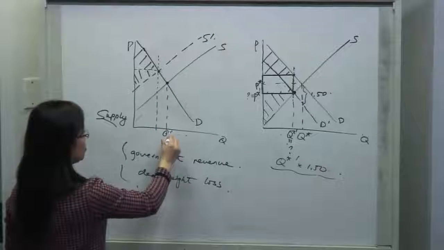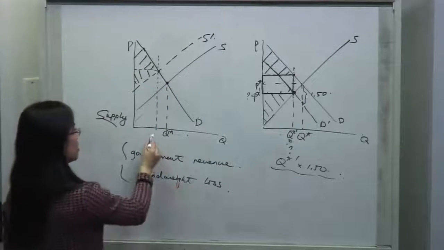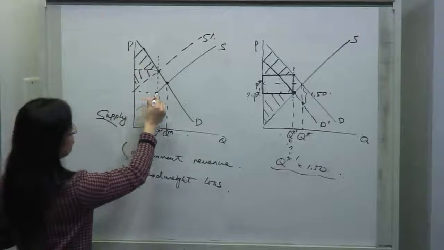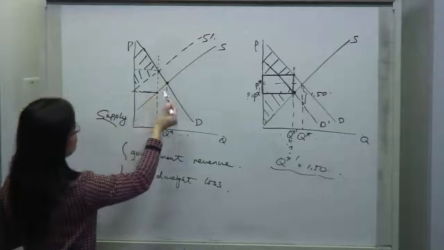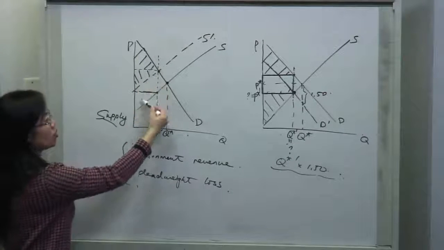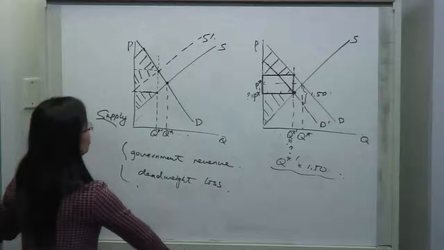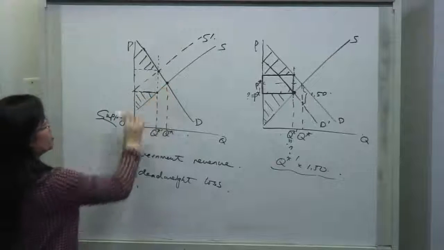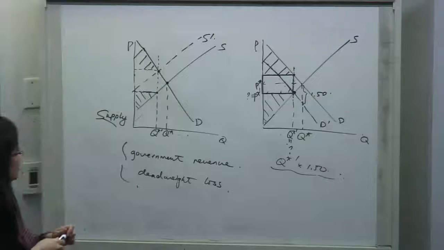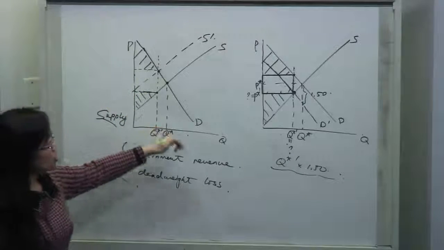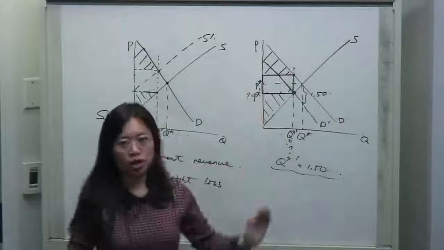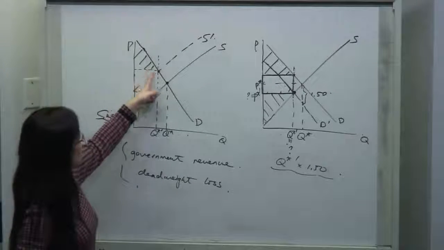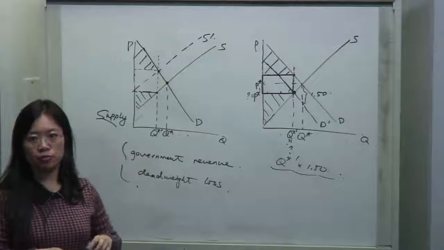This is our original equilibrium. This is our new equilibrium quantity. You draw a straight line, then you find this point, and then you draw another horizontal line. Then you're going to shift this triangle down to here. Then now you have this space empty. So in this case, you shift the producer area down, and in this case, you shift the consumer surplus area up. But the purpose is the same. You want to create this space in the middle, which represents the government's revenue.